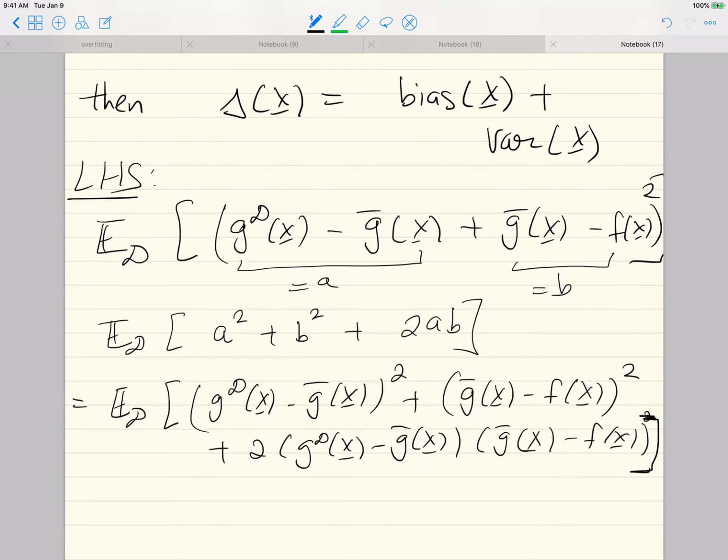Just substituting for A and B. All right, so let's look at this term by term. What is the expectation over D of this term? Does this look familiar? What is it? It's the variance.